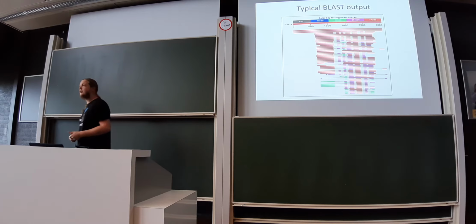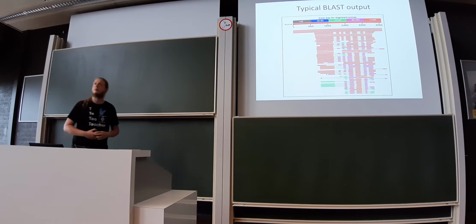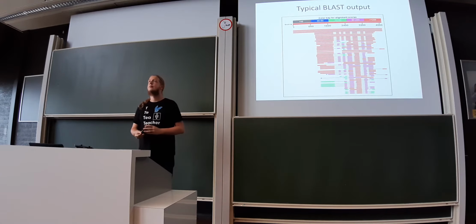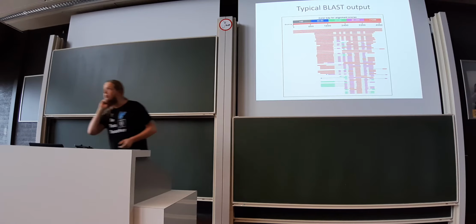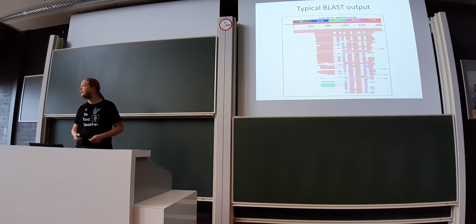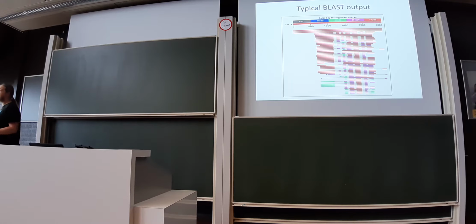So at a glance, can someone tell me which of these positions are better conserved than others? Yes. Sorry, one more time? Very good. What tells you this? Okay, but it's not just a score that tells you whether something is conserved, right?